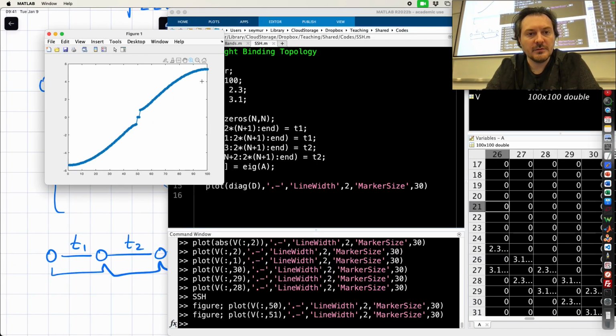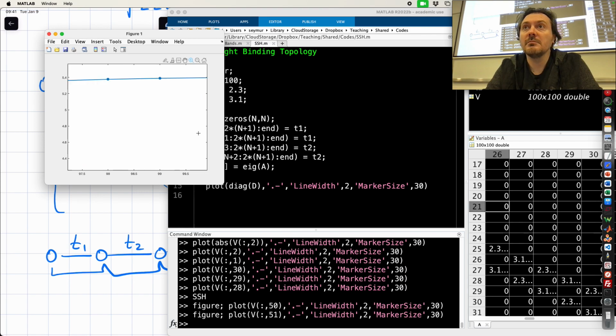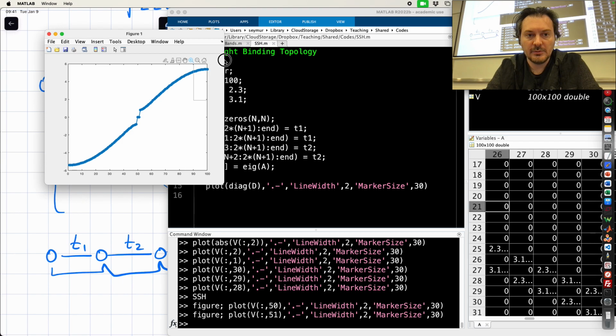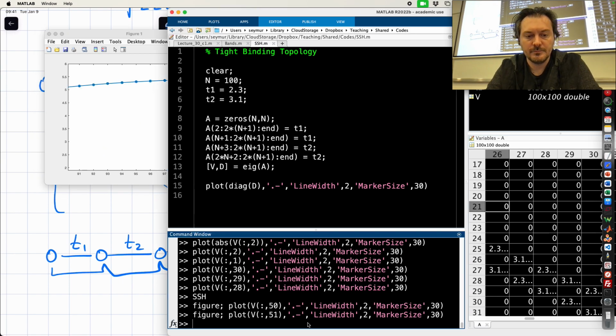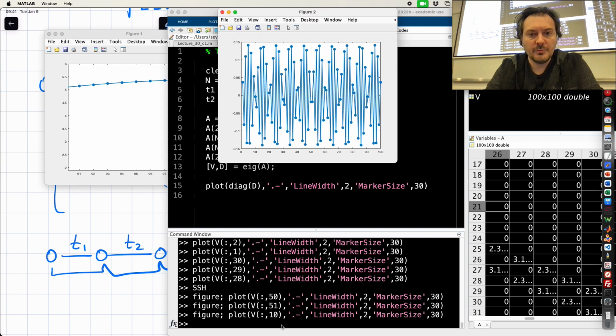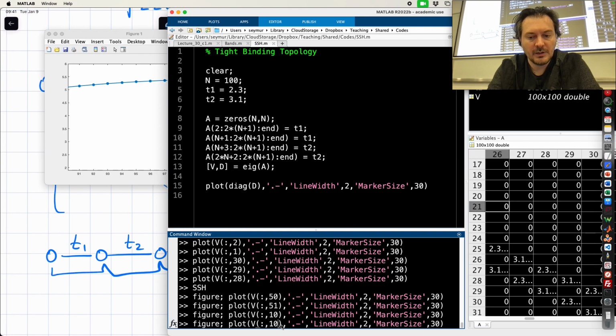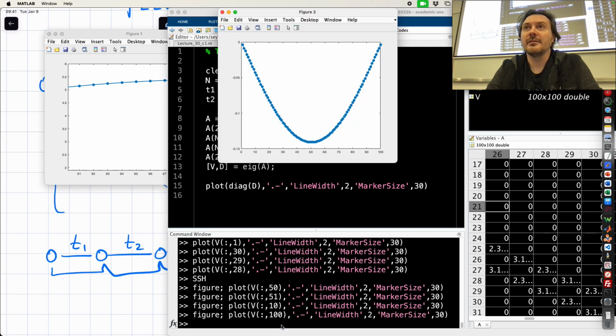Let's look at these. Can you plot any other than 50 and 51? Sure. I was about to plot this one, for example, number 100. Number 100, oops, this is number 10. Number 100 looks like this. Okay, so it's particle in a box all over again.